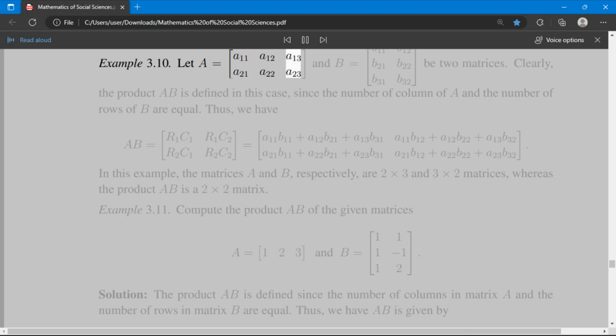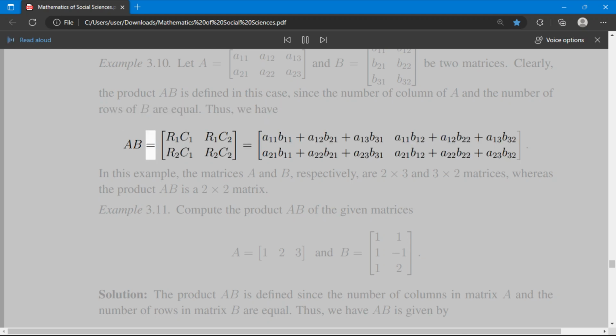Example 3.10. Let A = [a11, a12, a13; a21, a22, a23] and B = [b11, b12; b21, b22; b31, b32] be matrices. Clearly, the product of A and B is defined in this case, since the number of columns of A and the number of rows of B are equal.